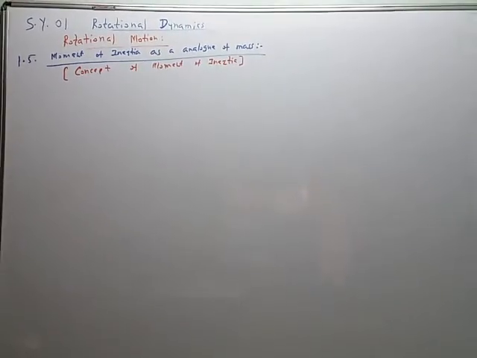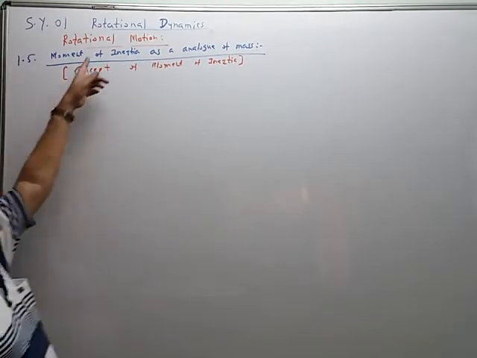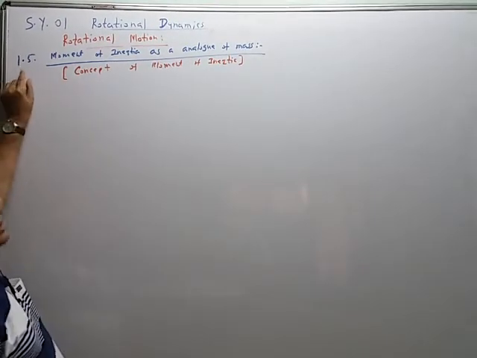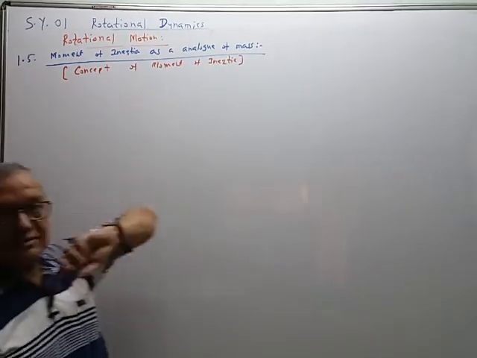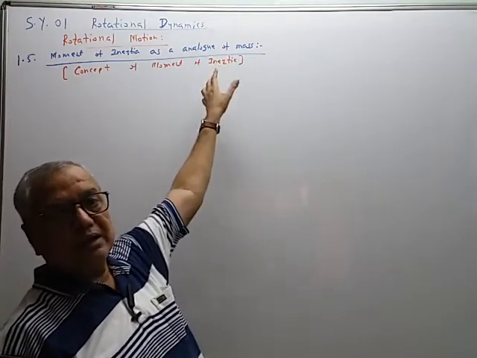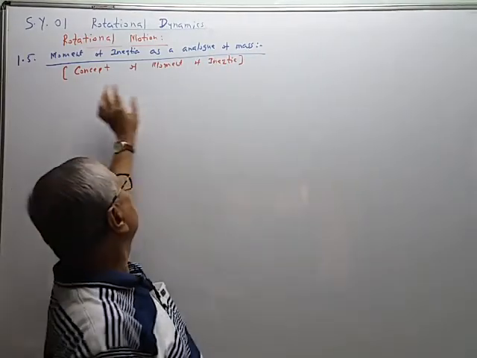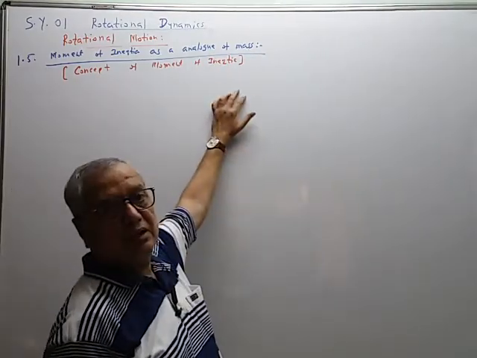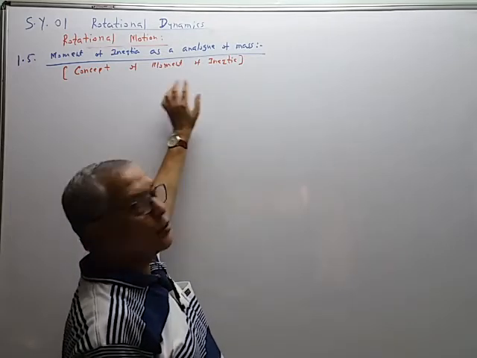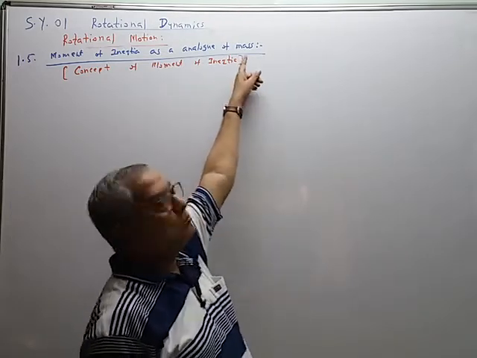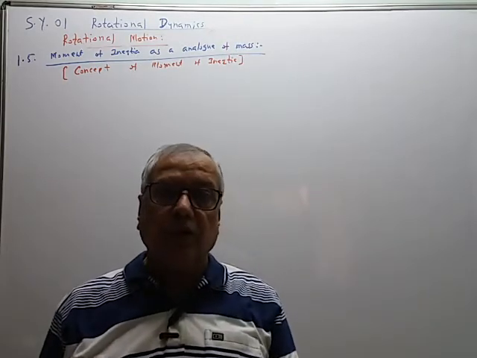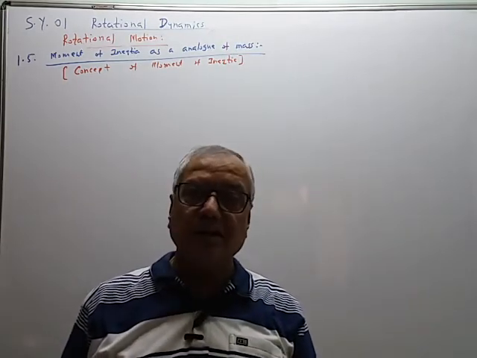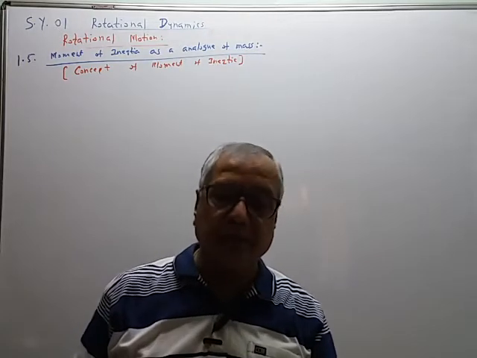So according to our book, the second part, rotational motion, has first article number 1.5, moment of inertia as an analog of mass. The same article is given in our note, but the title is given as concept of moment of inertia. So the concept of moment of inertia in rotational motion and the concept of mass in translational motion are the same. How? For that purpose we have to use these three derivations that we have just completed.